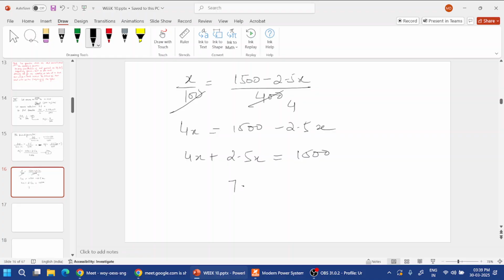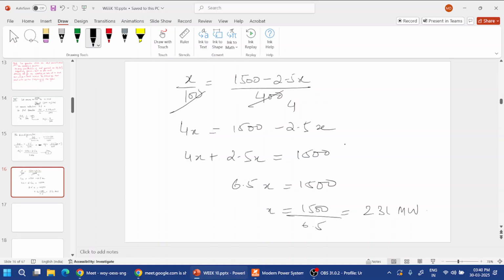It will be 6.5x equal to 1500. So let me calculate its value. 1500 divided by 6.5 comes out to be 230.7, or if we round it off, we can say 231 megawatt.